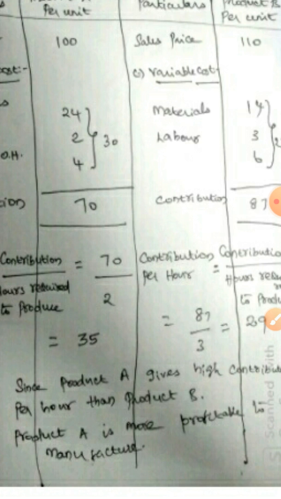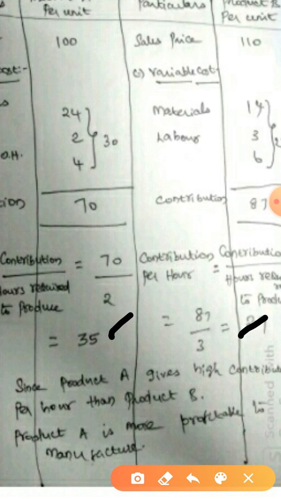The conclusion you arrive at is by finding the highest value. Whichever product gives you the highest contribution per hour will be the best, the most feasible product to produce. In this particular case, product A gives a contribution per hour of 35 and product B gives 29.